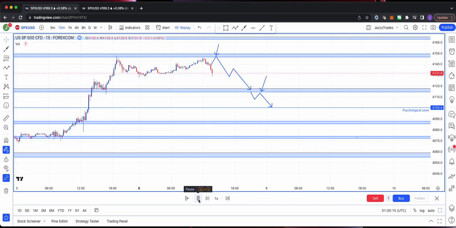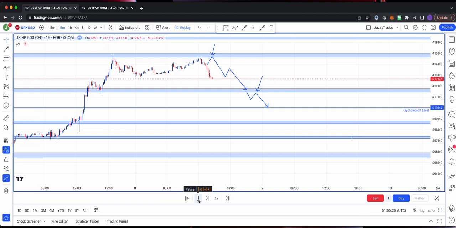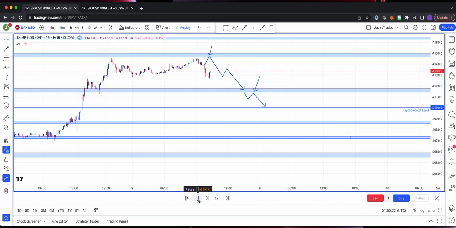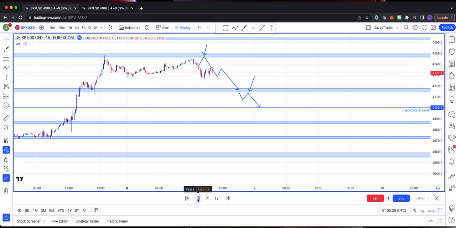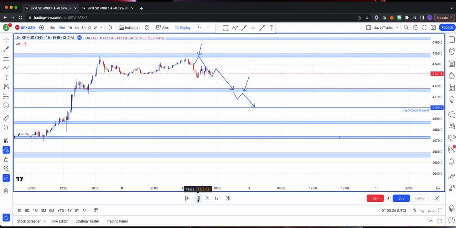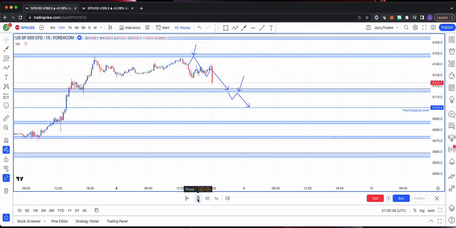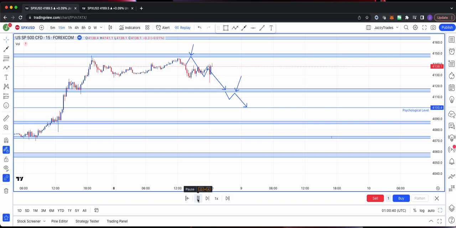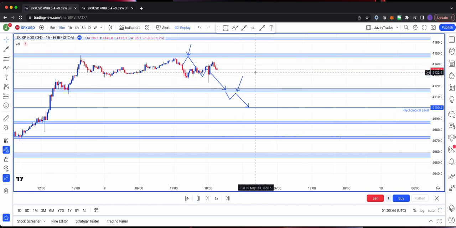Okay. Another lower high. You guys see that here? Lower high, lower high. I think this is after hours. Yes, that's why the candles are like that.